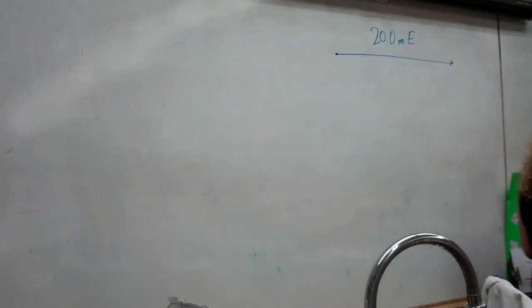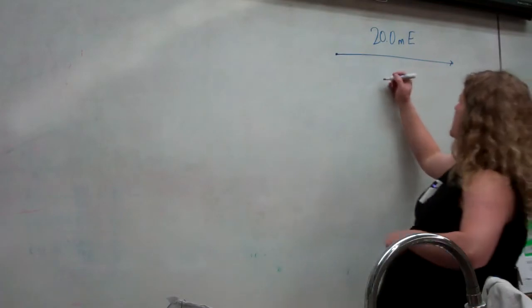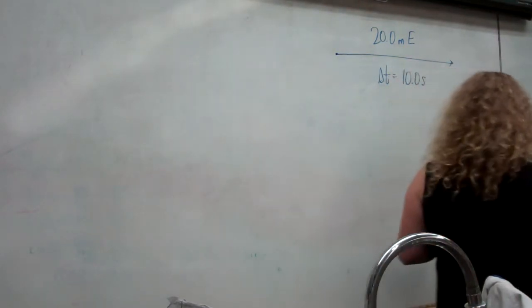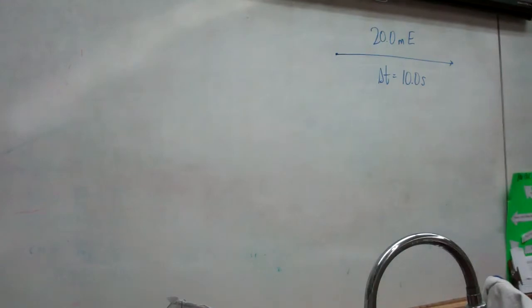If it took you 10 seconds to travel 20 meters east, so our delta t for this little journey is 10 seconds. Is 10 seconds a vector or a scalar quantity? Scalar. It's just got magnitude. There's no direction to time. Time is scalar.